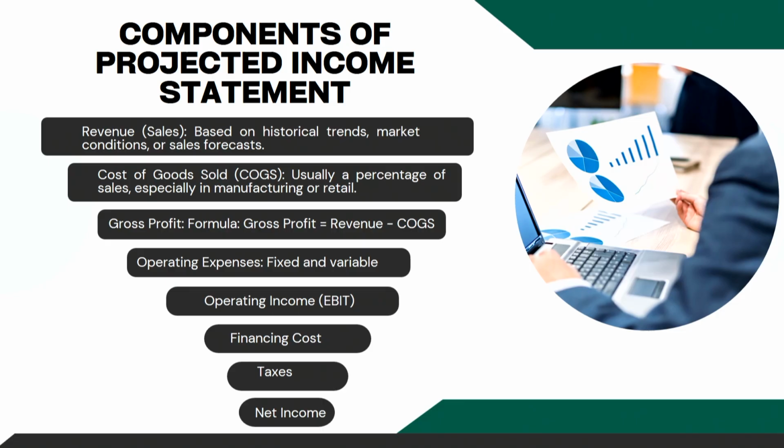Now, after offsetting all these expenses, we deduct the mandatory liability, which is tax, levied on the net revenue generated in the form of income at the end of the company. So, doing the same, we arrive at net income.